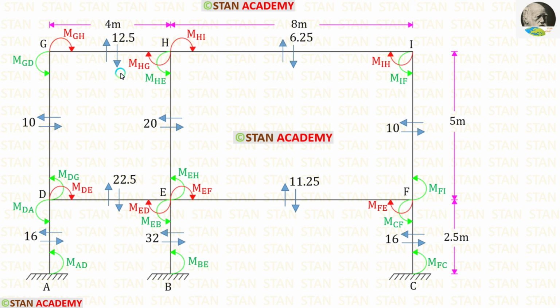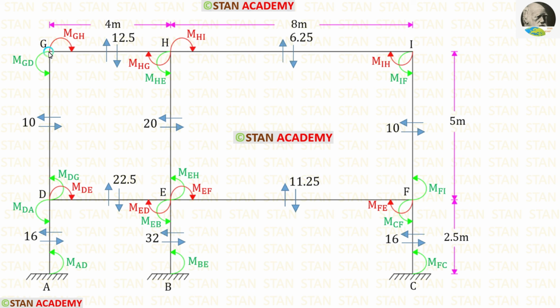Now let us see how to find the direction of the moments. Let us take the member GH. This force is acting in the anti-clockwise direction, so the moment MGH will be acting in the opposite direction, so clockwise direction. This force is acting in the anti-clockwise direction, so the moment MHG should be acting in the clockwise direction.